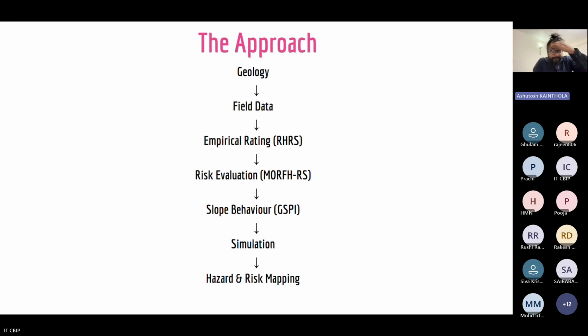Then there was simulation, and in the end, we could come up with detailed hazard and risk maps for that region, which can surely and would eventually help the planners while designing the mitigation measures. Moving on to the next slide, please.